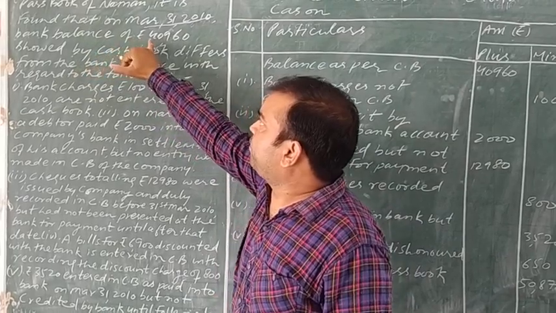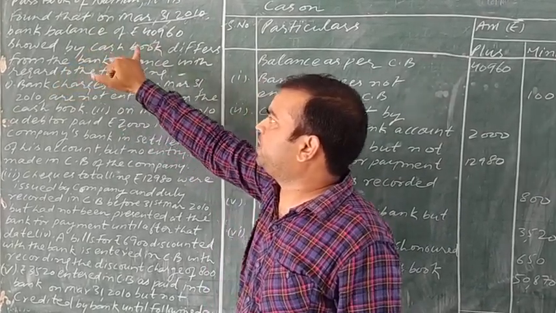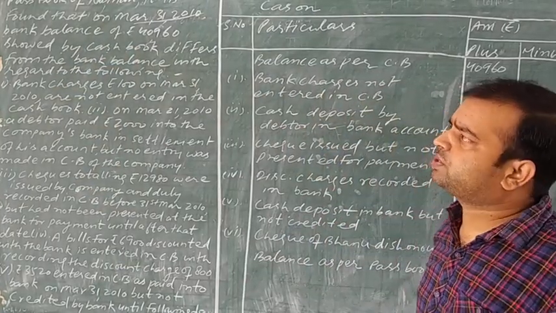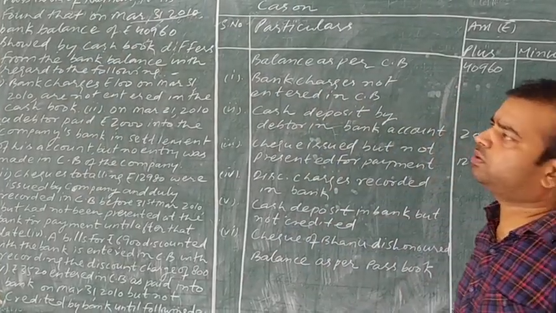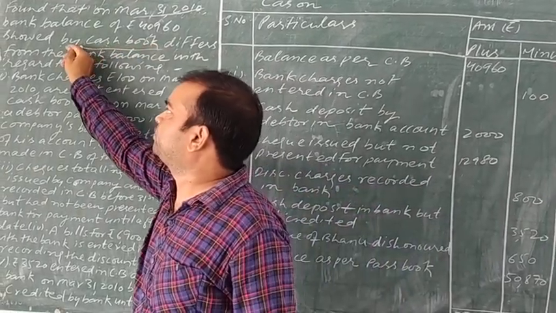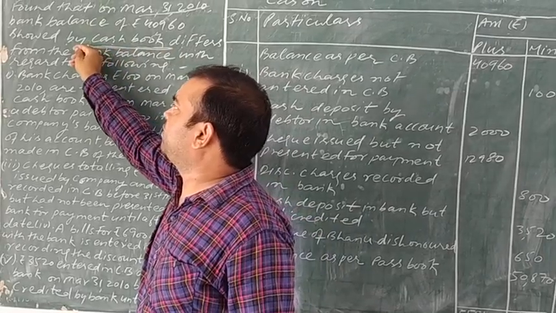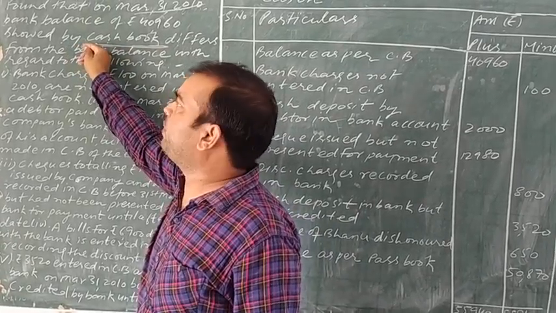Bank balance of rupees 40,960 is shown by the cash book. Here the bank balance as per cash book is given to you. The type of cash book maintained here is the double column cash book.